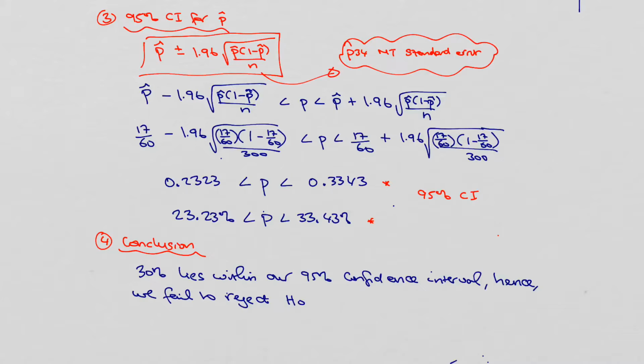And then we say, i.e., the true proportion of seeds germinating is unchanged at 30%.